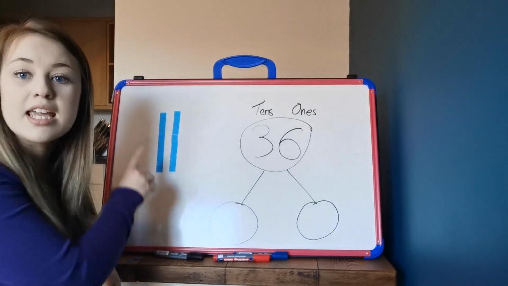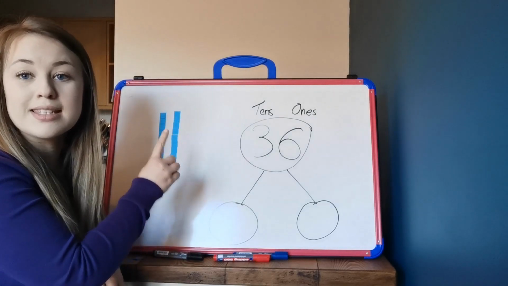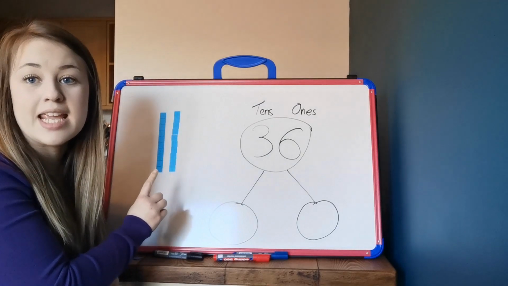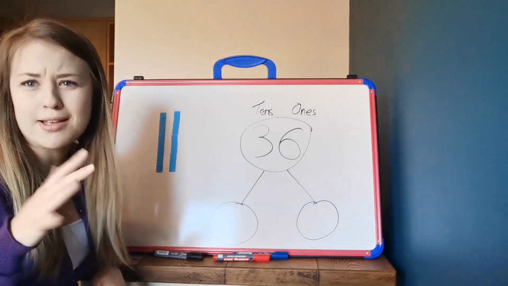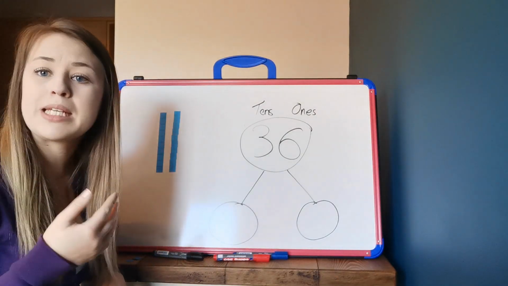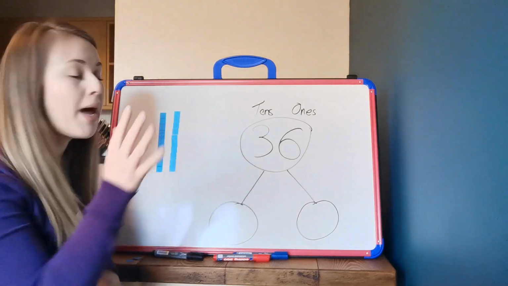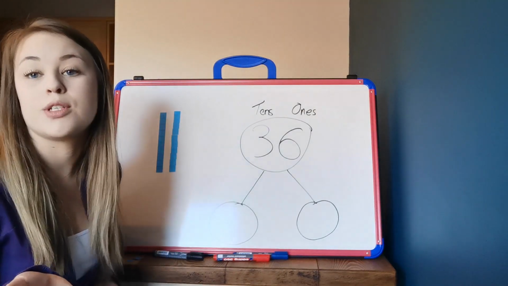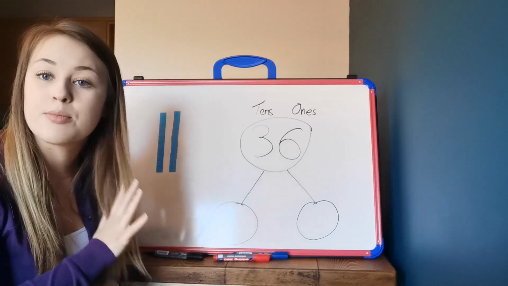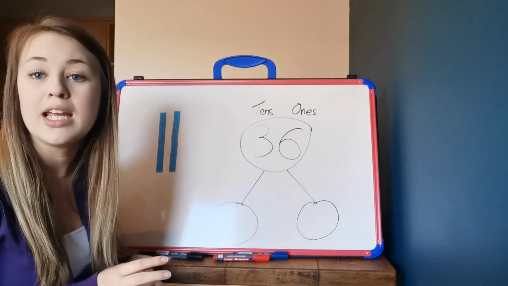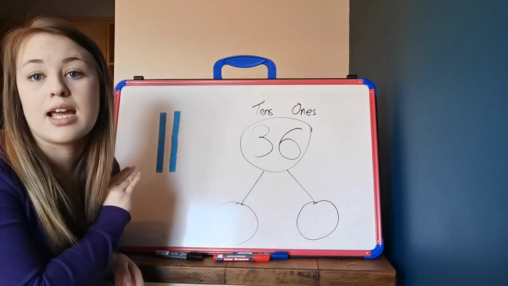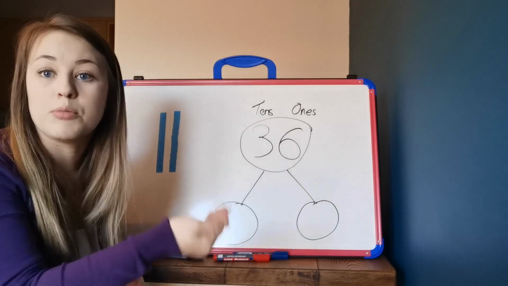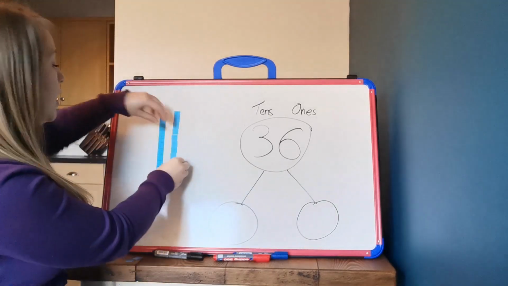And as you can see, the 10 ones is the same size as the 10 Dean. I would say that's about year 1, beginning of year 1 application. However, it depends where your child is with their learning journey. It might be that this is where they are at the moment, and that's absolutely fine. And what we need to make sure is that this understanding is solid so that you can then move on to the other parts as well.